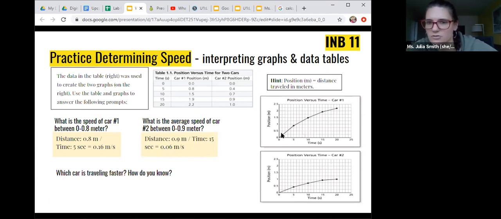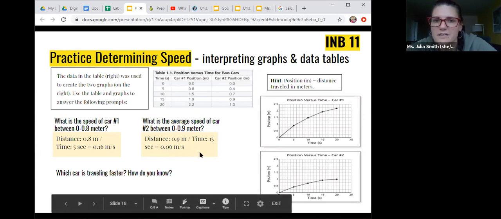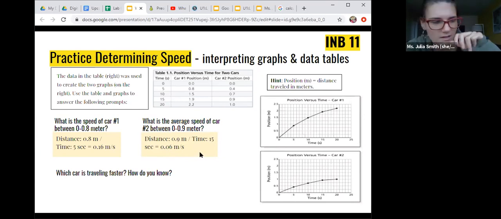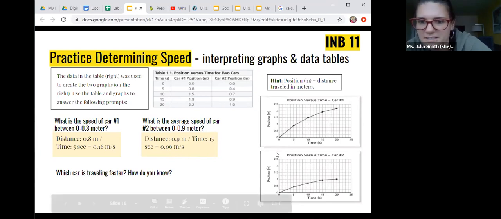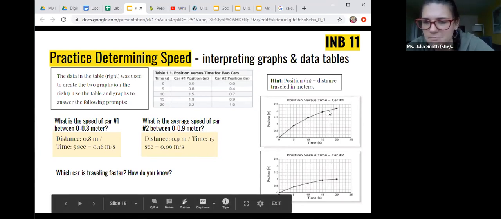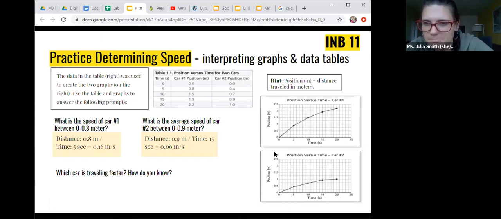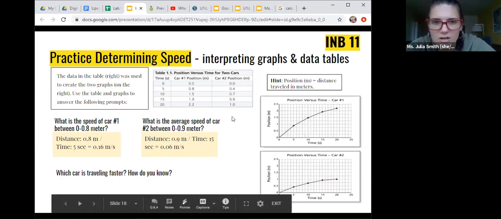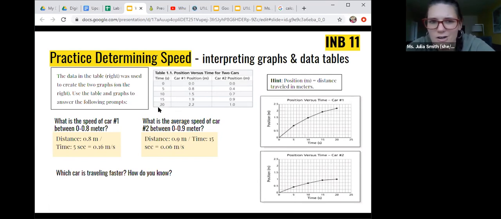Most of you, like I said, could see on the graph that car 1 is definitely moving faster than car 2. We can say that because this graph is steeper. When you have a steeper line, it means it's going faster. You can also see that in 20 seconds, car 1 went 2.2 meters and car 2 only went 1 meter in the same amount of time.